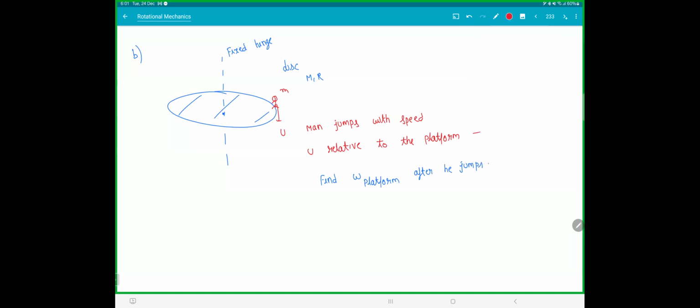Speed u relative to the platform, tangentially. He jumps tangentially.